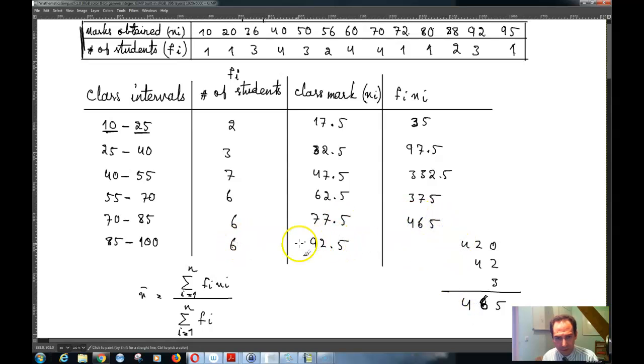And then 6 times 92.5 is equal to 6 times 90, which is 540. 6 times 2 is equal to 12, and then 6 times 0.5 is equal to 3, so that's 555. I'm not sure about this last number, let me check it with the calculator.